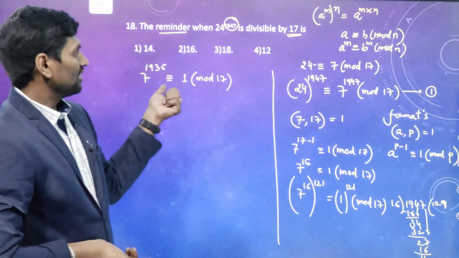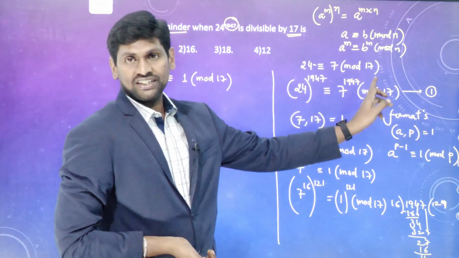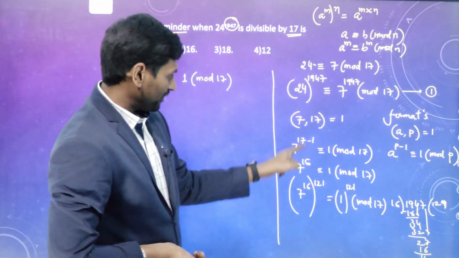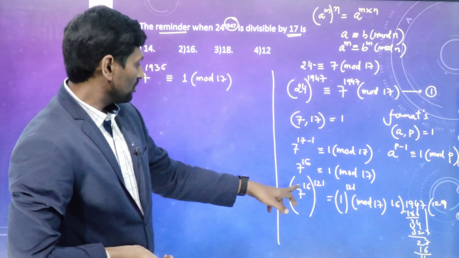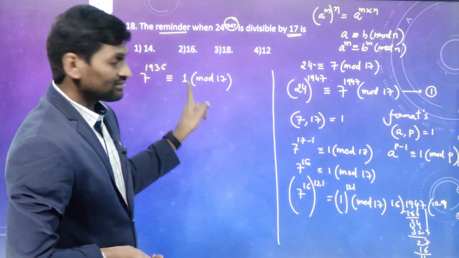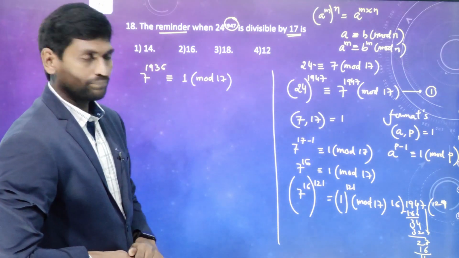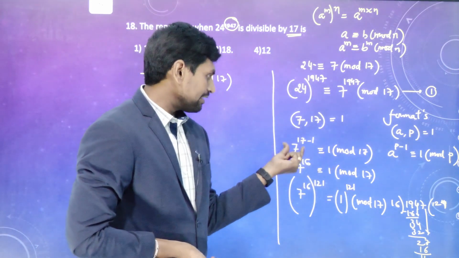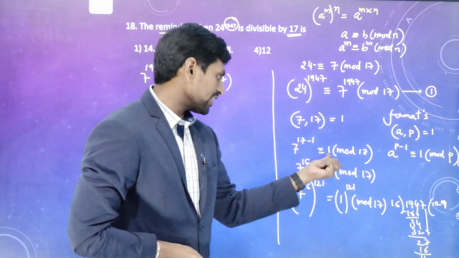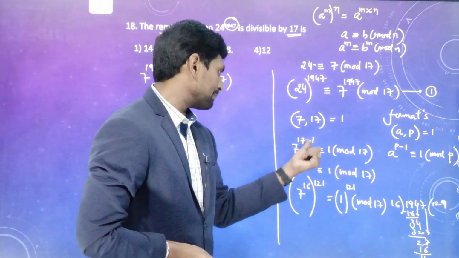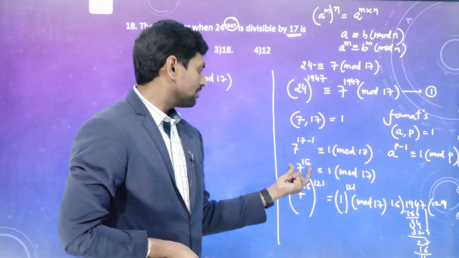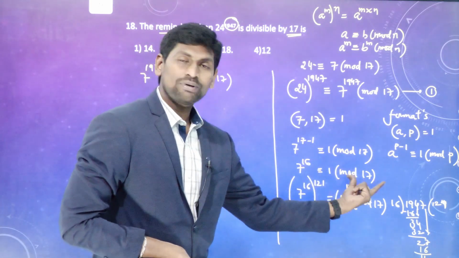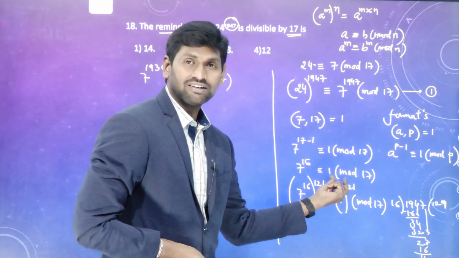7 power 1947 is divided by 17. We need to find the remainder. But if we increase up to 1936, we will get the remainder 1. How have I written? According to Fermat's theorem, 7 power 17 minus 1 is congruent to 1 mod 17. That means 7 power 16 divided by 17 will give the remainder 1.